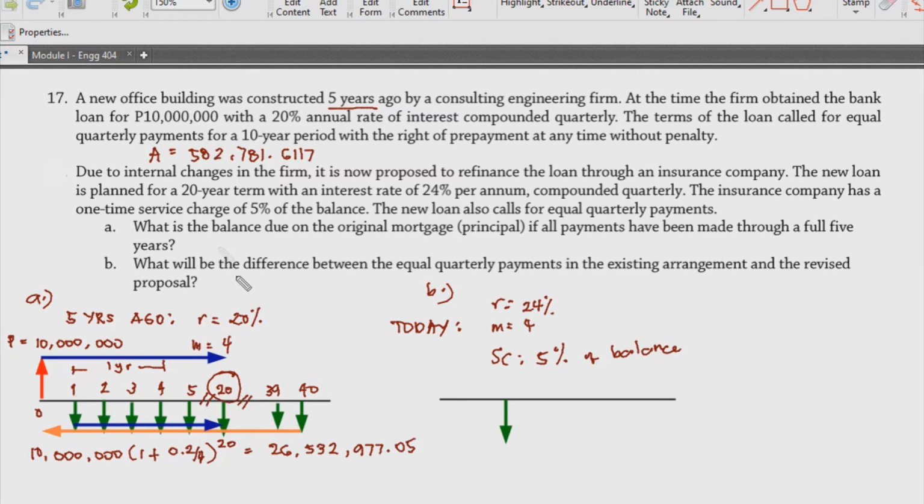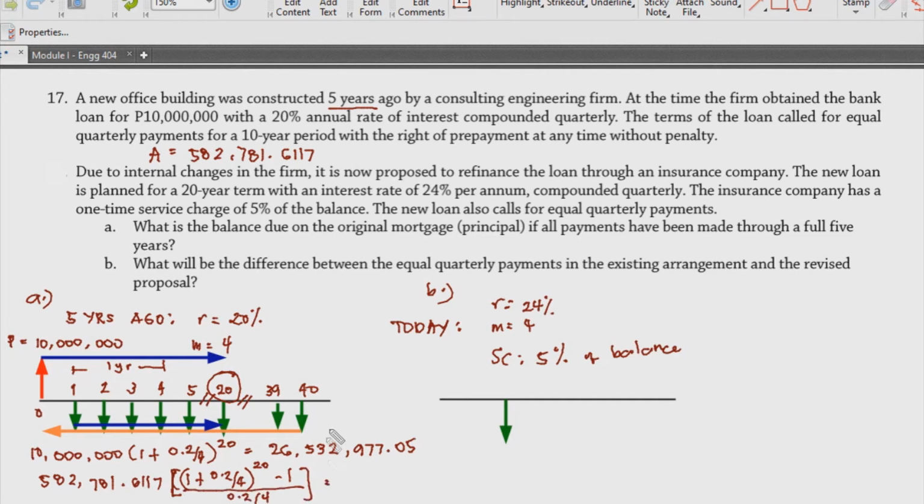So basically, using this annuity, we have 582,781.6117. I didn't write the formula, I hope you remember it. With this, we bring it to the future, so we'll be using the future worth factor here. That's the annuity times the bracket: 1 plus 0.2 over 4 raised to 20, minus 1, divided by 0.2 over 4.